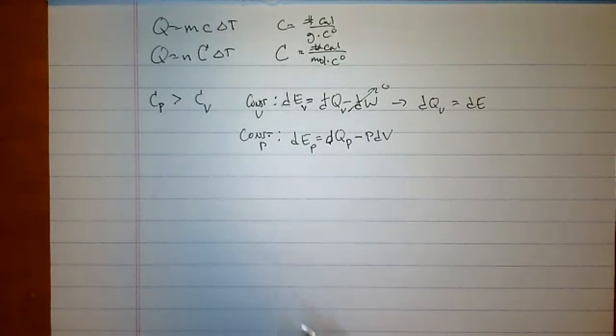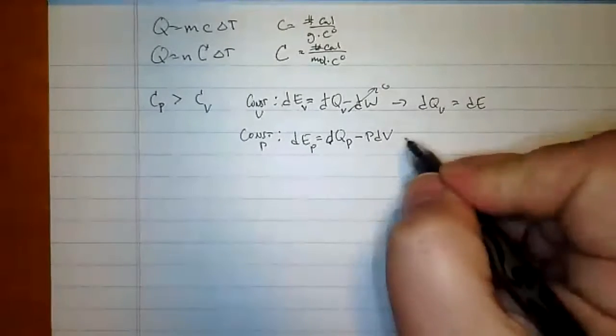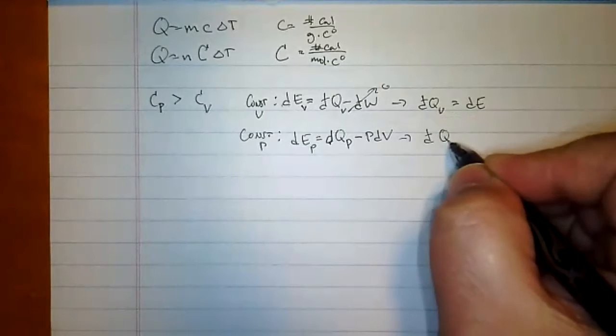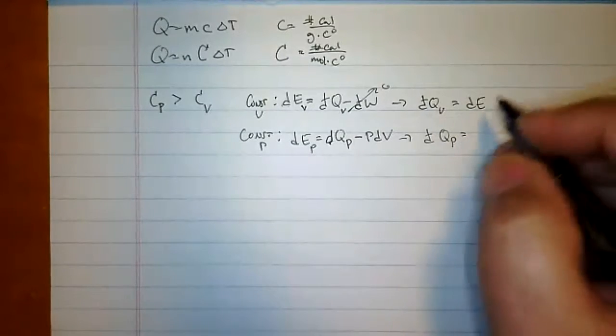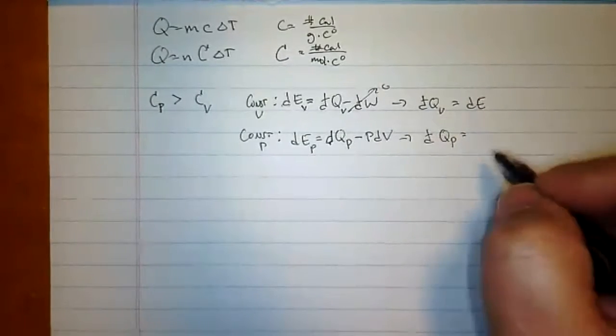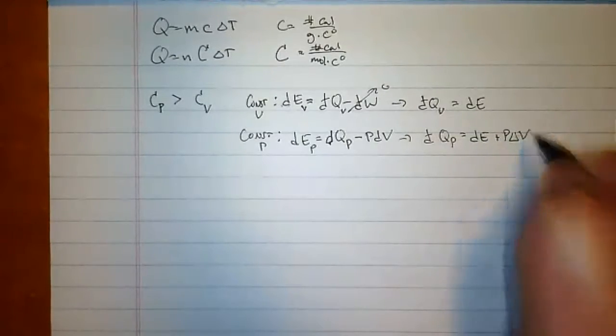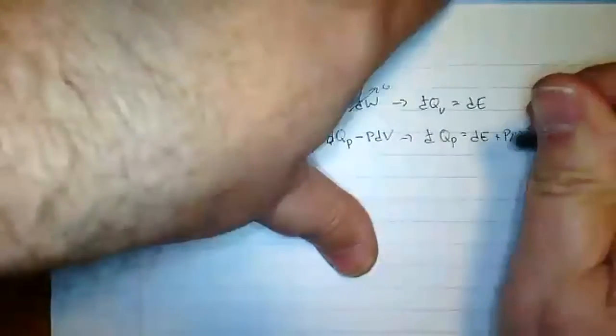So we now have that that's the case. And in fact, because it's constant pressure, you can now solve for QP. So D bar QP is going to be equal to dE plus P dV, since I'm using d's.